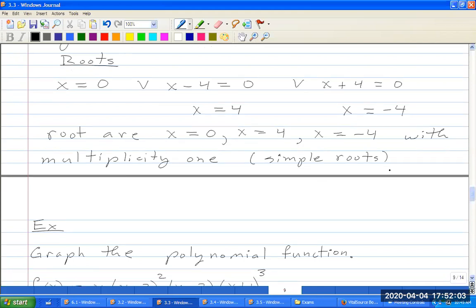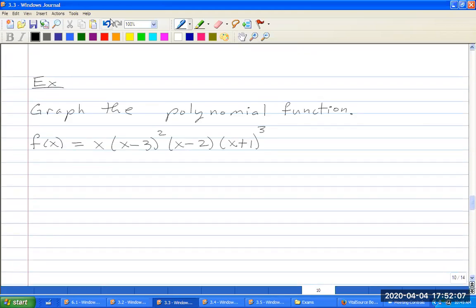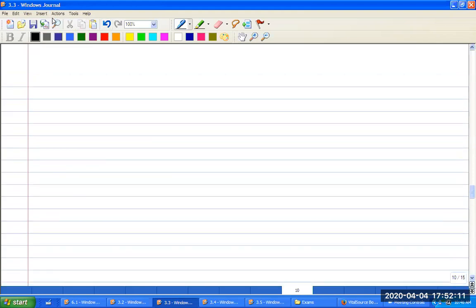Okay, so it means that each of these are going to be passing through the x-axis at these roots. And as a matter of fact, they'll be passing through in a linear type of fashion because they're multiplicity 1.